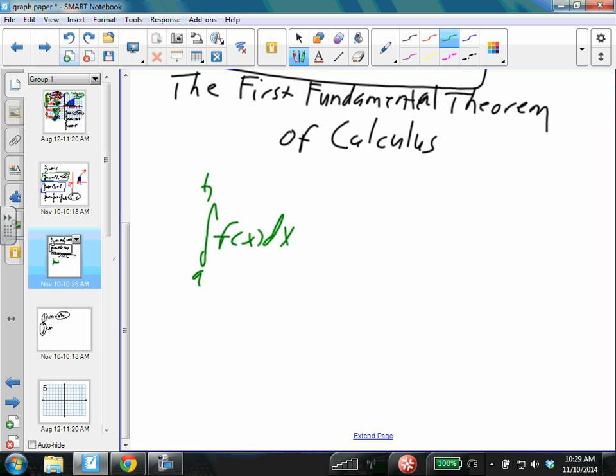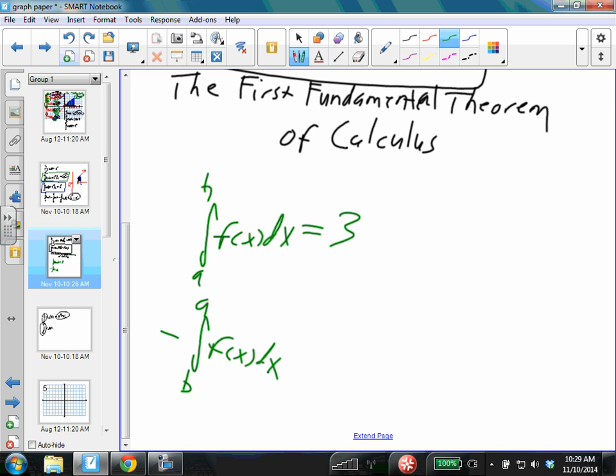But if A actually ends up being the larger one, let's just say the integral from A to B ended up being 3. If for some reason A was the larger one, in reality you would be going from B to A of f of x dx. You'd be going backwards.